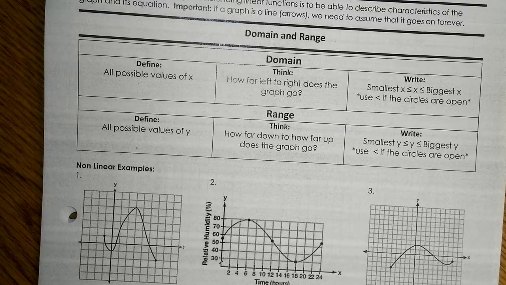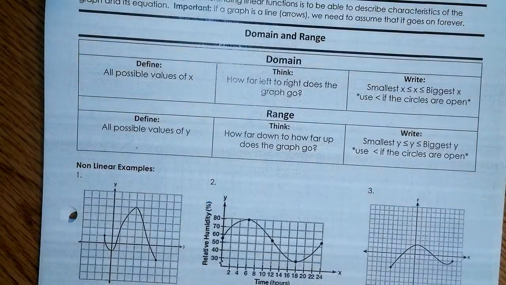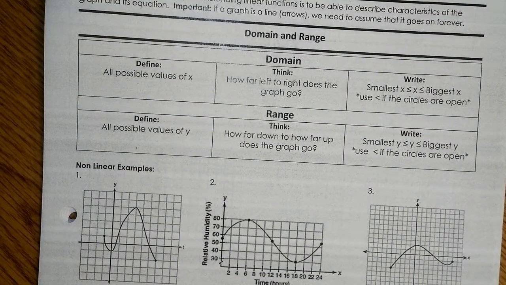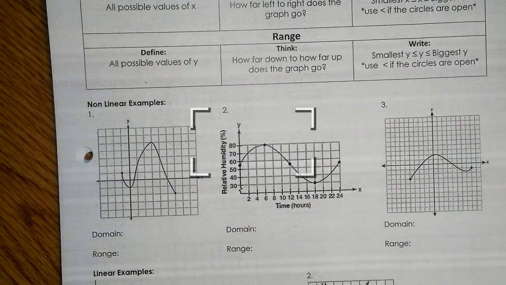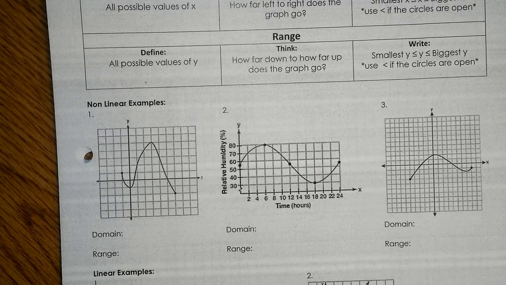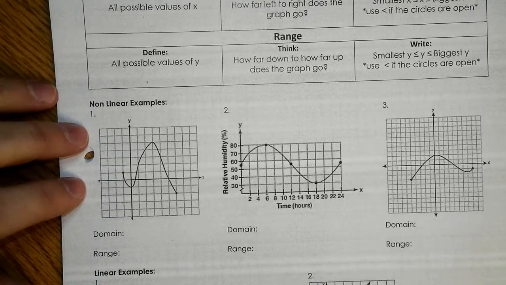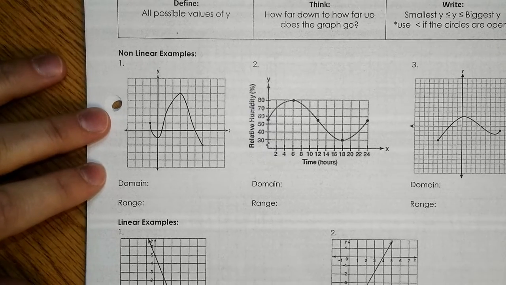How far up does the graph go? Forever. And that's the easy part about linear functions. The domain and range for linear functions is usually the same. Domain is negative infinity to positive infinity, and the range is negative infinity to positive infinity. There's a couple cases where it's not, but we will look at those.